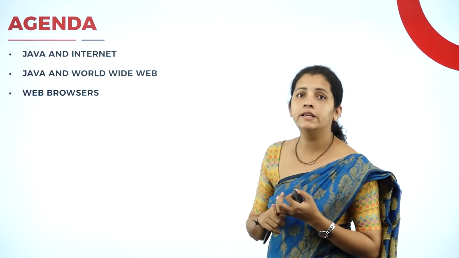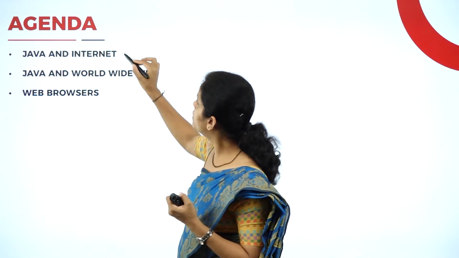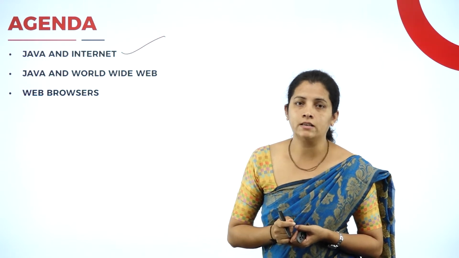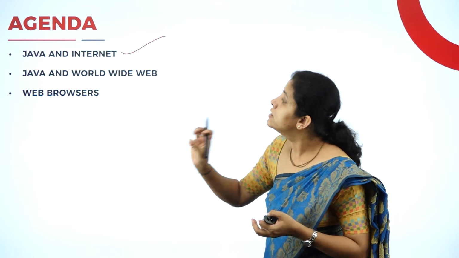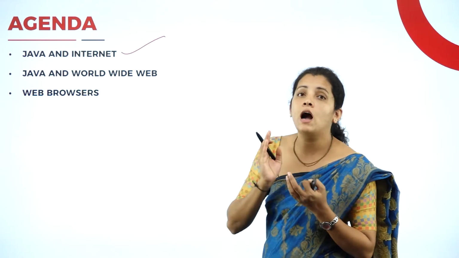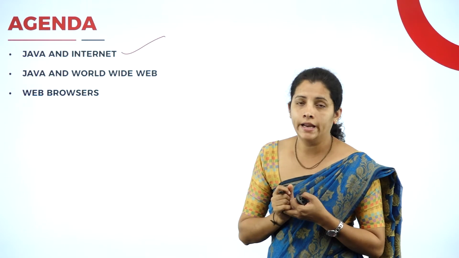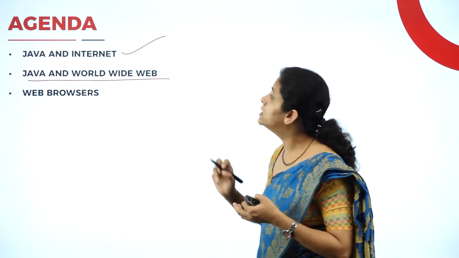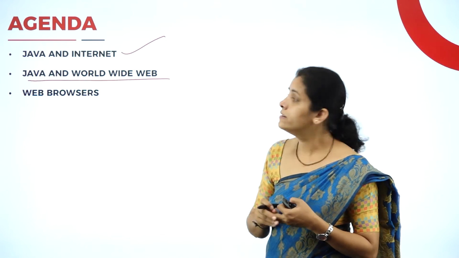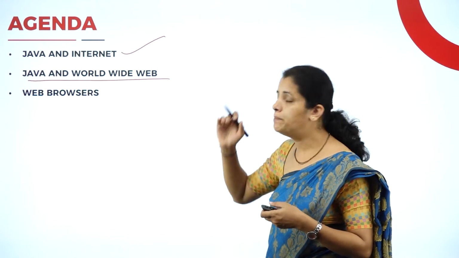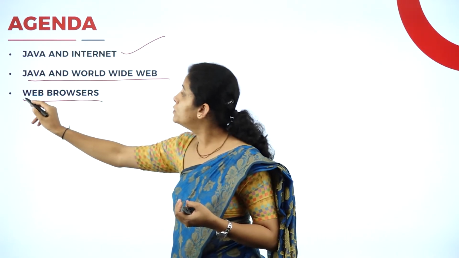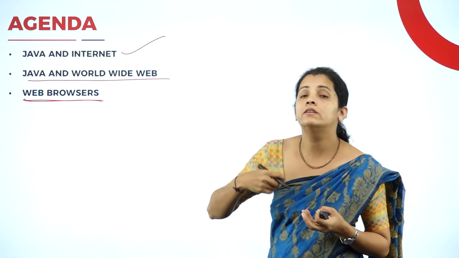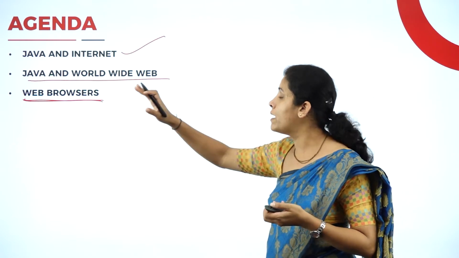Moving further, in today's session we are going to deal with Java and internet. That means how Java programs are used on the internet, and at the same time we are going to discuss Java and World Wide Web, and we are going to discuss web browsers, along with the different types of web browsers.